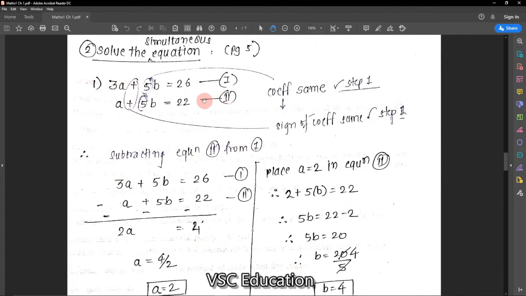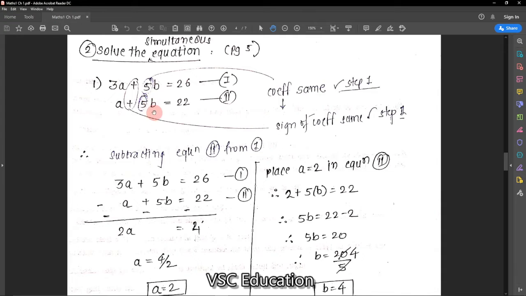Now we already saw the conditions when we solve the example. What is the condition for solving? The coefficients should be the same. Now see here also, the coefficient of a is 3, and the coefficient of a in the second equation is 1, no visible coefficient. In equation 1, variable b has coefficient 5.